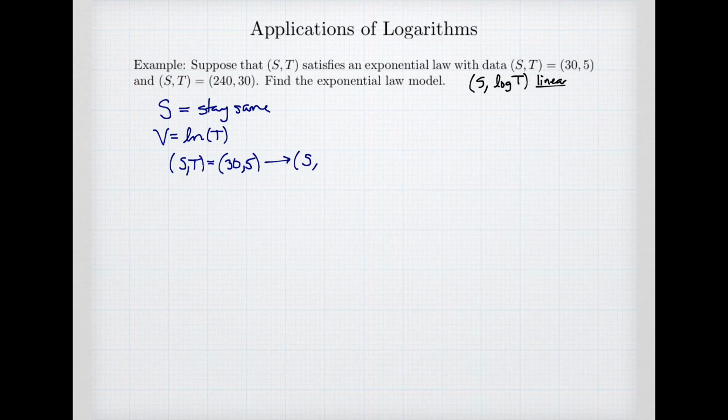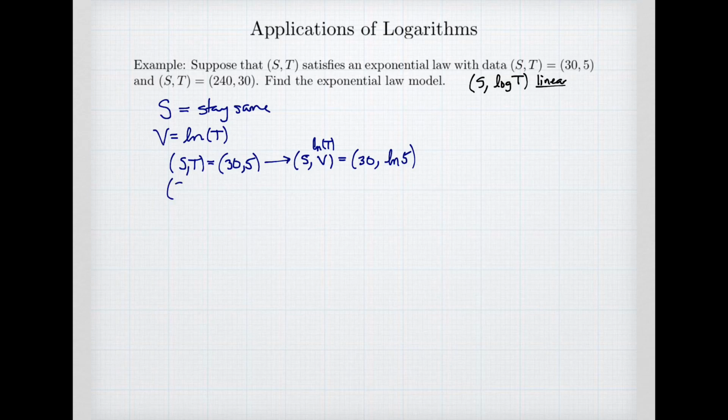The independent variable is not changed. S and v, the logarithm of t, is equal to 30, natural log of 5.